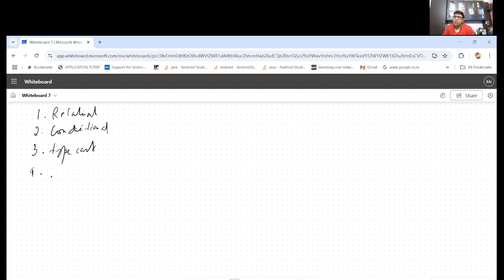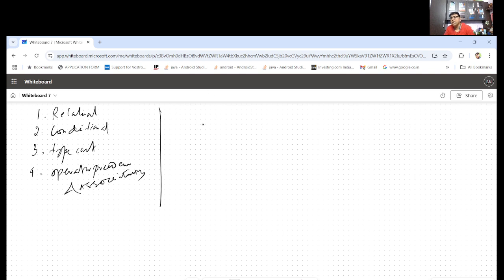Then this is an important operator, a special type of operator, and every interview will ask you the question. Then operator precedence and associativity. These are very much important.